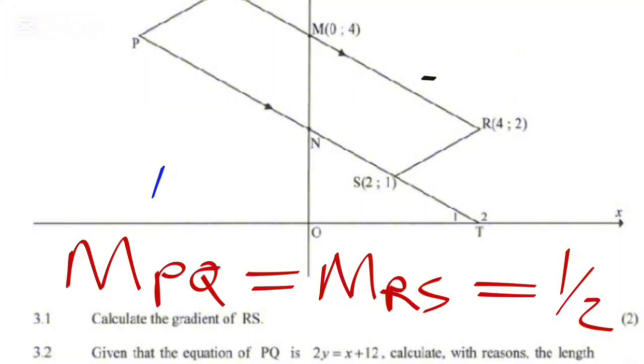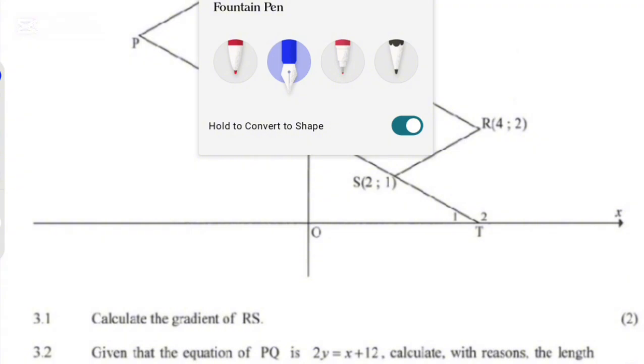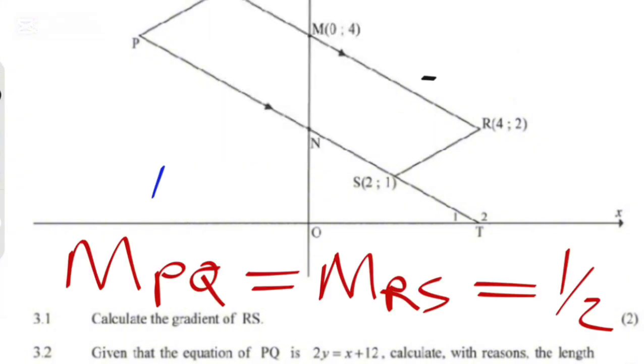We are looking for this one, R and S. Let me construct R and S. This is what we are looking for. How can we do it?